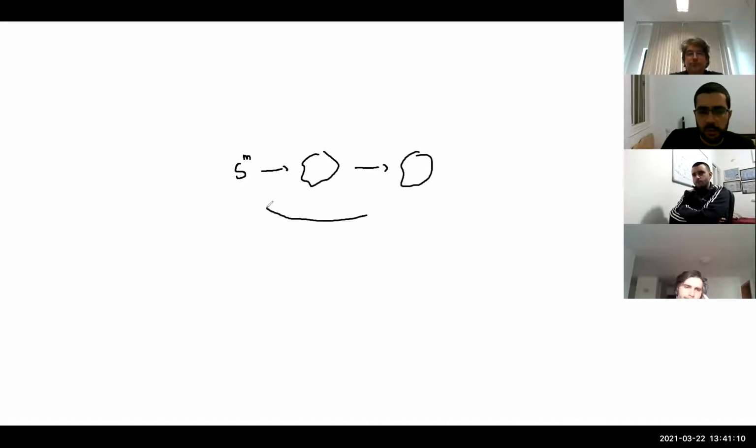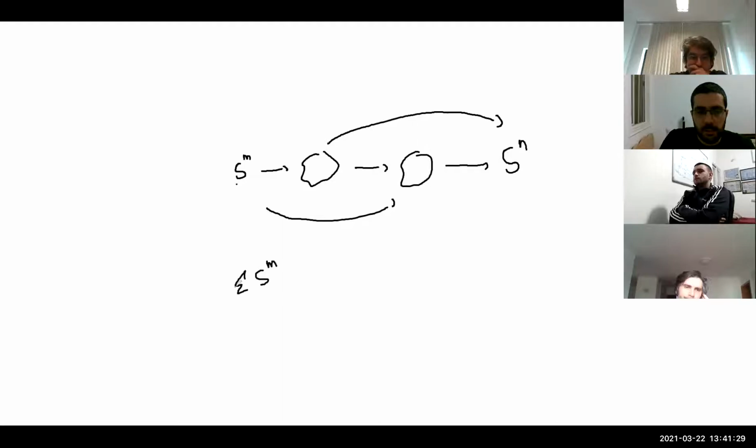You see it. So I just want to explain what Toda tried to do when he defined the Toda bracket. He takes some sphere, for example S^m, and also takes other spheres, where the composition is null homotopic, and another sphere, for example S^n. From the maps he knows from sphere to sphere, he gets a map from the suspension of this, but the suspension of this is S^(m+1).